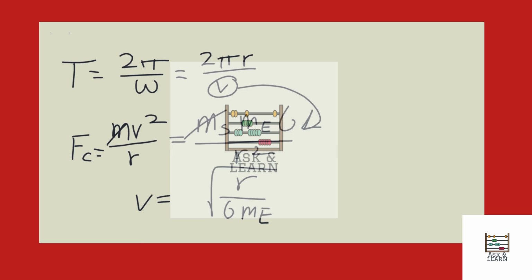Now we can plug that back into our equation for period, and we find that T is then equal to 2 pi r all over the square root of G M_E over r. Now, our final goal was actually to find the velocity, right?